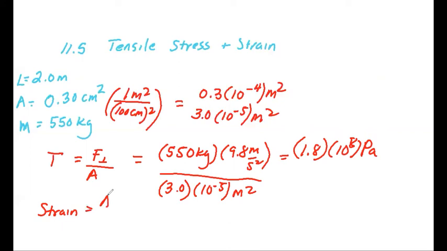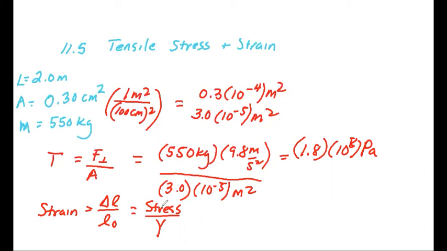It's equal to delta L over L original, or the stress over the Young's modulus, which is in the table, table 11.1. That gives you all the Young's moduluses for various materials. Steel, we got 20 times 10 to the 10th.